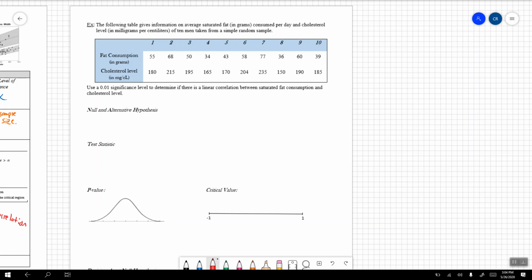There's a lot of information being given to us here. One piece of information is that this is taken from a simple random sample. That's going to be awesome. I'll just keep that in my back pocket.